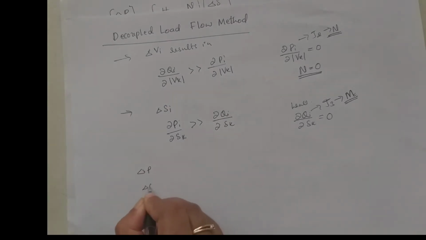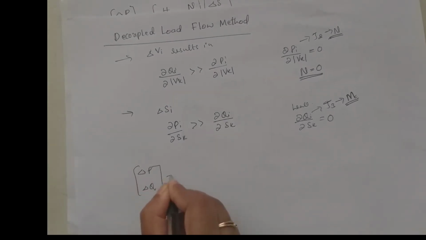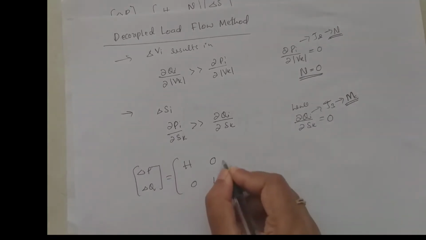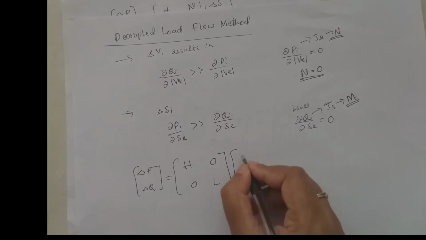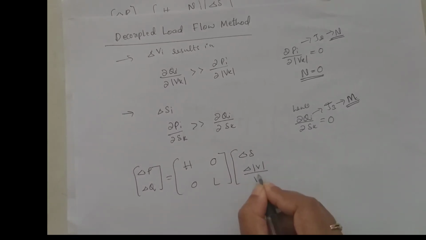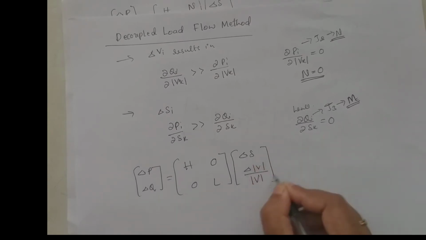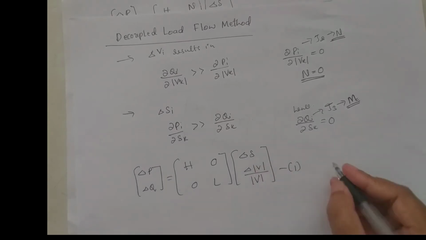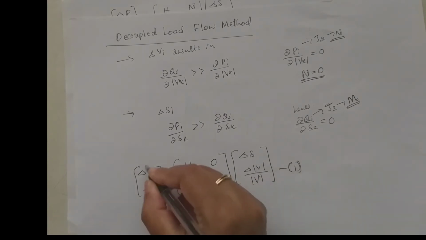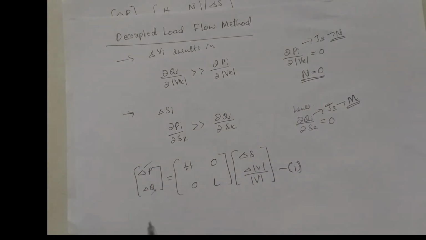Delta P, delta Q column matrix is equal to the matrix H, 0, 0, L times delta V divided by V. Take it as equation 1. Then we need to calculate, first, delta P and delta Q. How do we calculate delta P and delta Q?